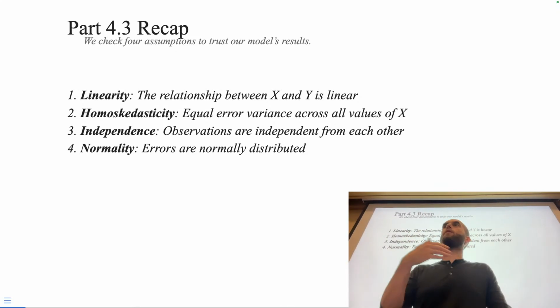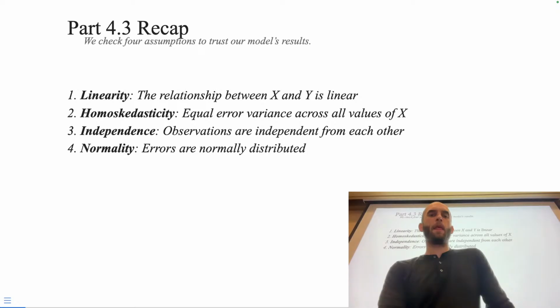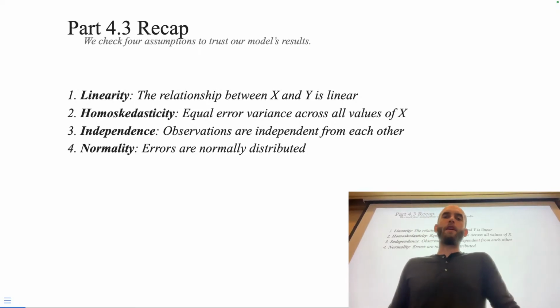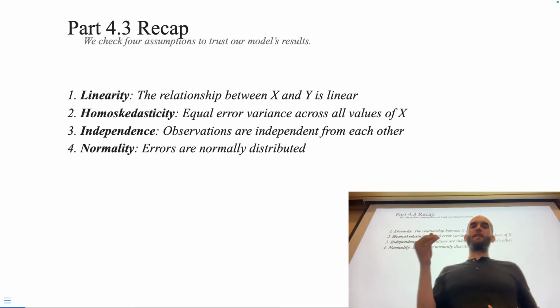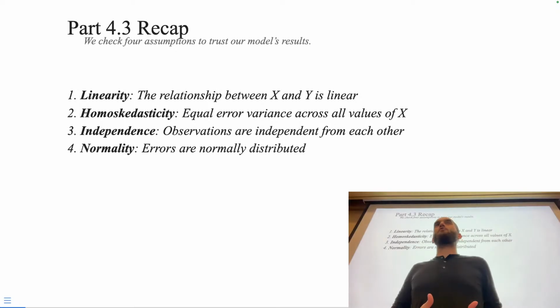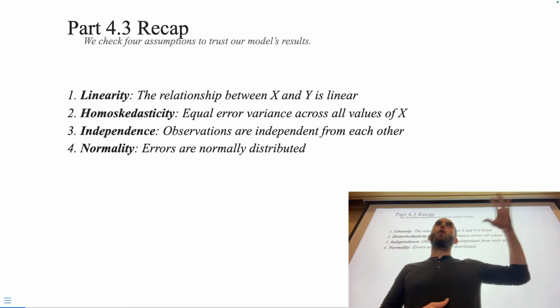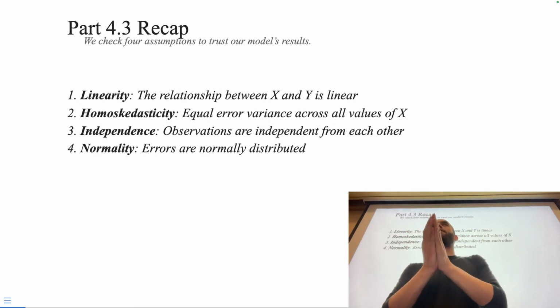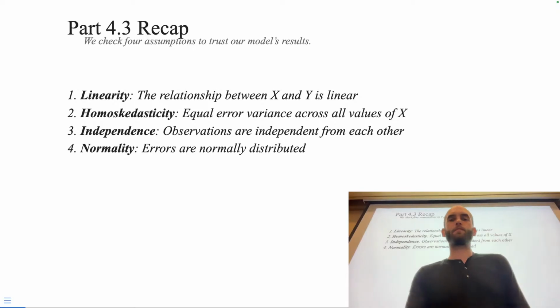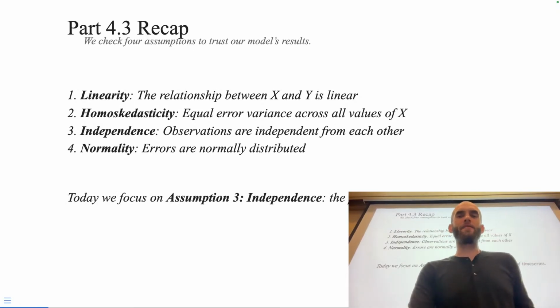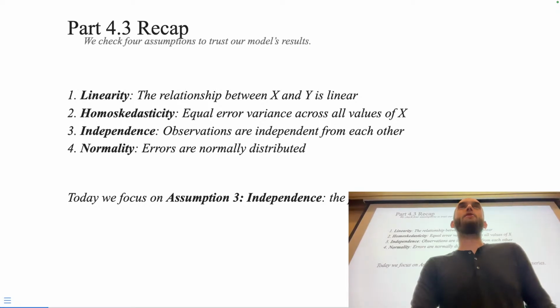So the predictor variable, we just need the variance to be consistent across all x. Independence, so this is observations are independent from each other, which is the one we're going to focus on today. And then the last one is that errors are normally distributed, which is the one we can sort of not worry so much about if our sample is large enough. The central limit theorem means that we don't actually have to have normal error terms if our sample size is large enough. So what we're doing today is focusing on assumption 3, which is independence.